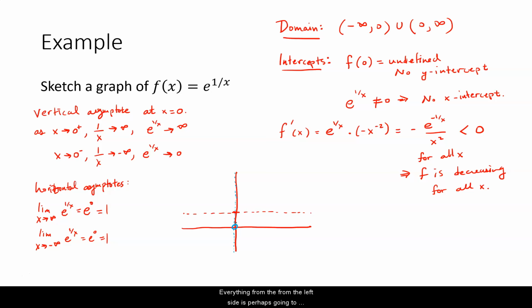So we think from the left side, it's perhaps going to look like this. And then from the right side, it's going to follow those vertical and horizontal asymptotes. Notice here, putting a hole at 0, because of course the function is undefined at 0.